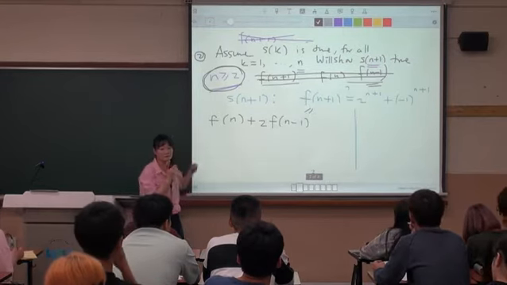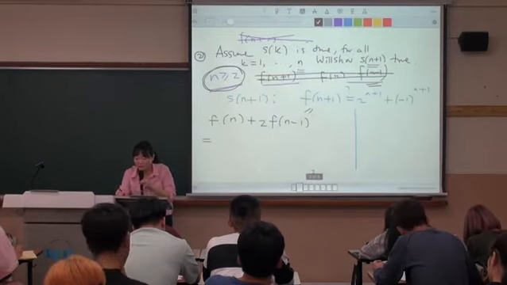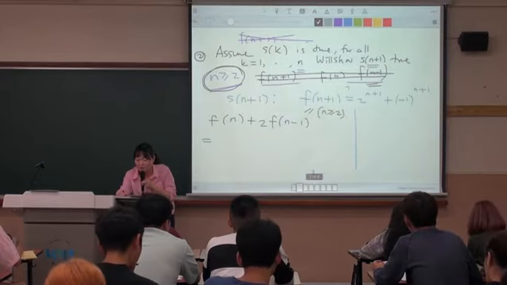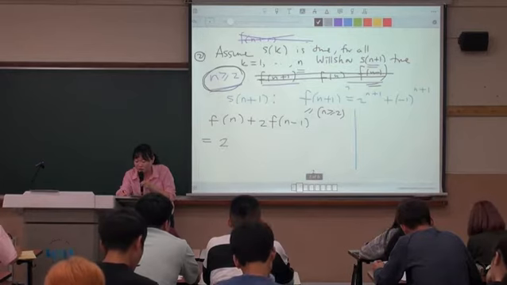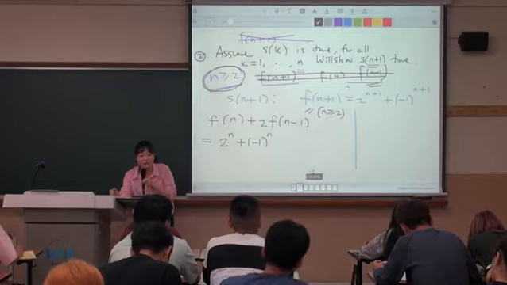Okay. Then, what is F n? Here it's because n is bigger than or equal to 2, and what is that equal to? What's F of n? 2 to the n plus minus 1 to the n. Why?